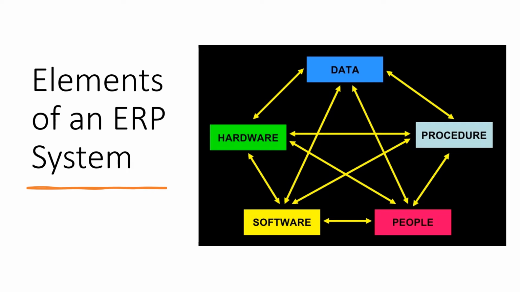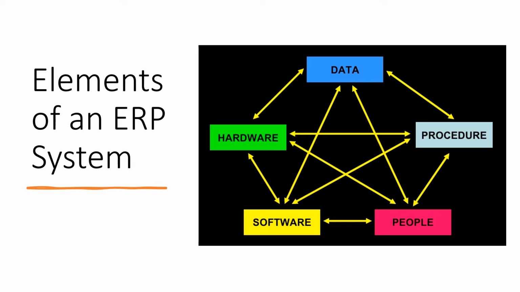For an ERP to function, though, you need several things. You need hardware and software for people to interact with it. You need procedures for the hardware and software to automate and to follow. And from there, you need data, and you either get data from people creating it or from it being uploaded into the system. And then all of those things more or less have to be able to interact with each other.